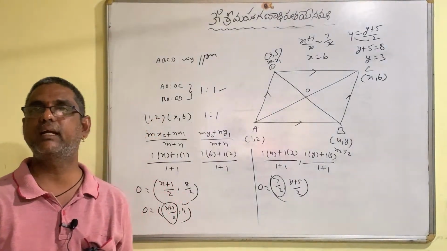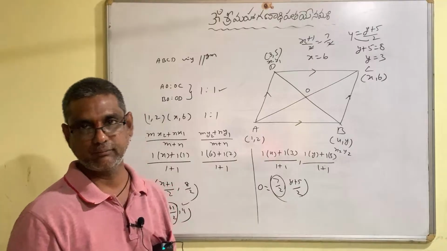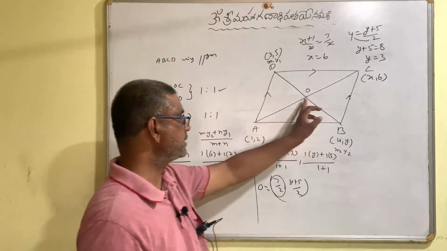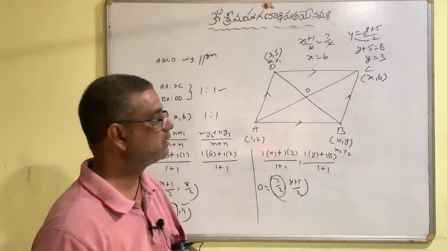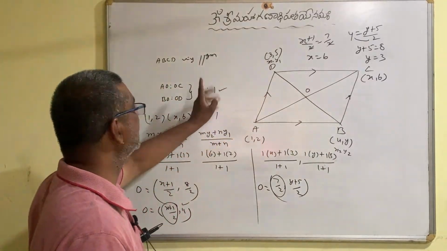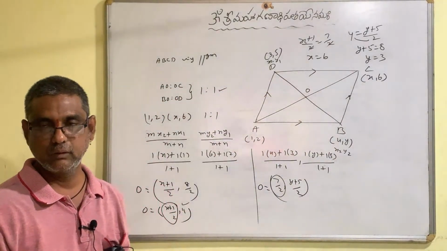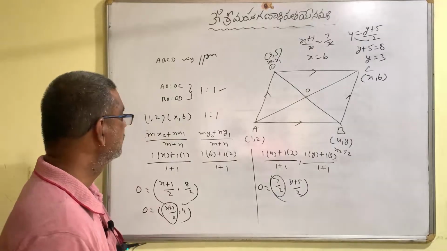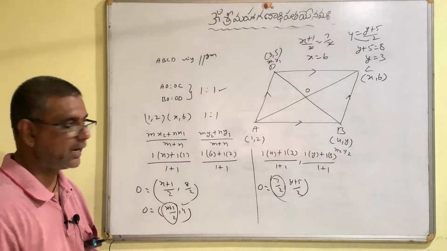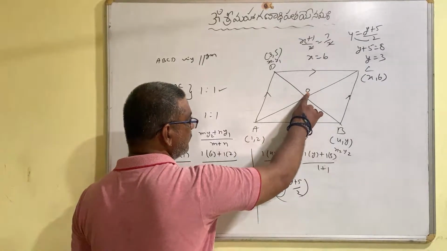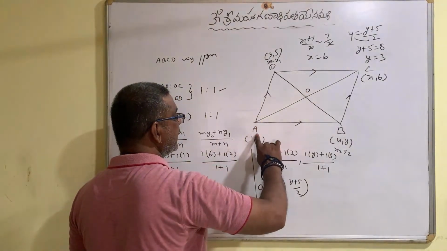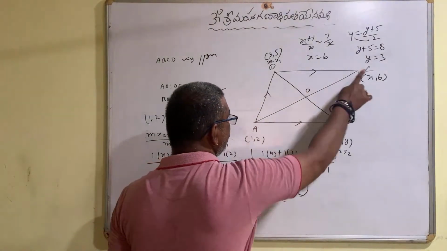Then only we can say that the diagonals bisect each other. AO is to OC is 1:1, BO is to OD is also 1:1.